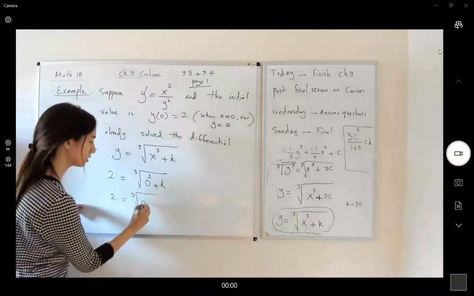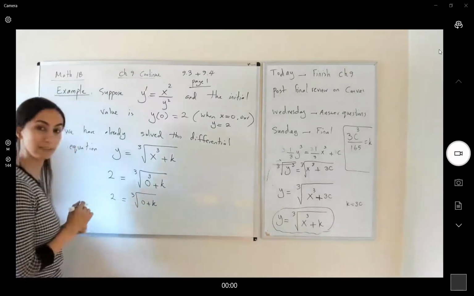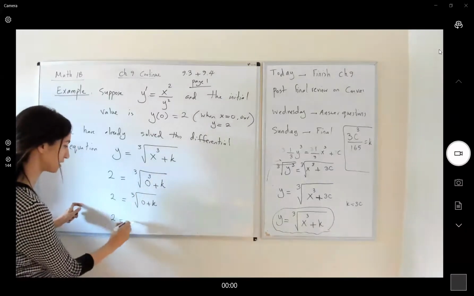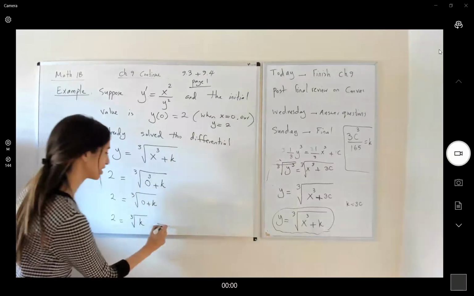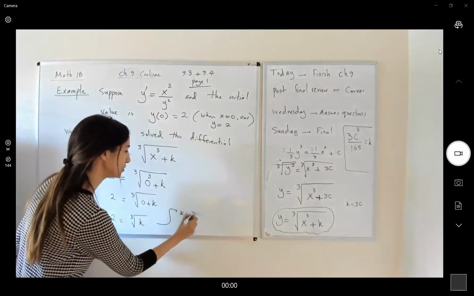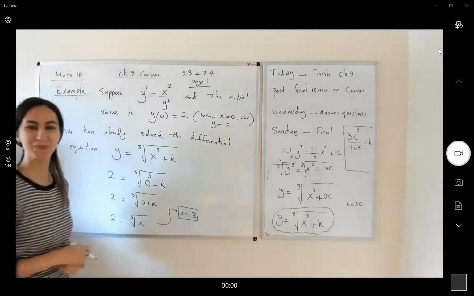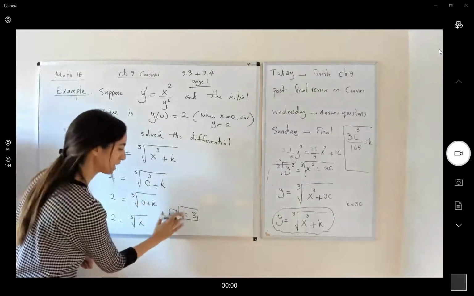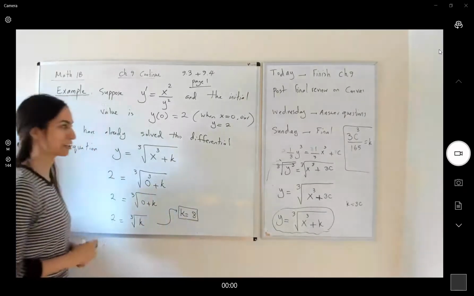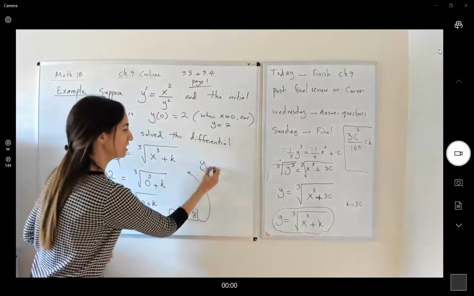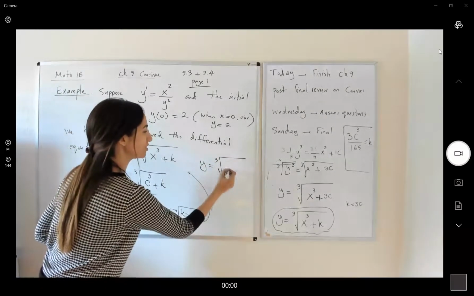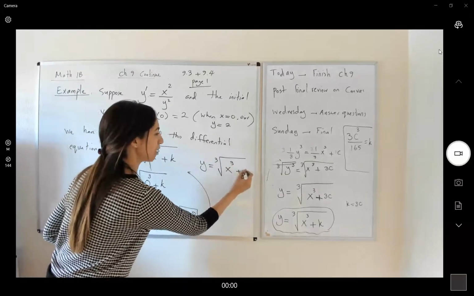It is 0. 0 plus k. So 2 is equal to the third root of k. So k is equal to 8. Now that you have your k, you can write your differential equation solution as y equals the third root of x cubed plus 8.